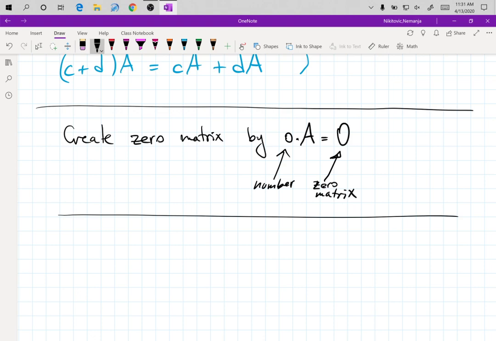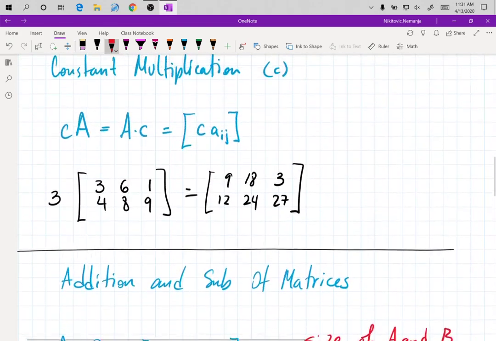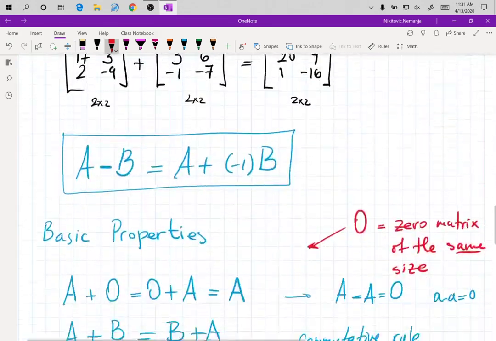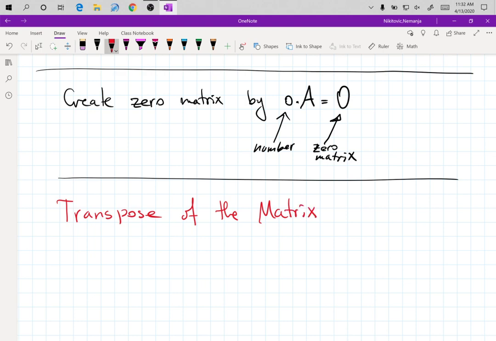All right. The next is another... I kind of did not freak out on any one of these. Well, transpose. Let's put it in red. Okay, so transpose of a matrix is going to go like this.